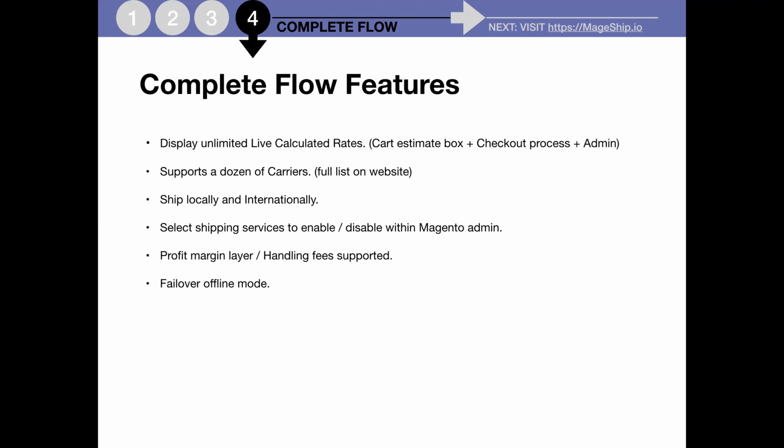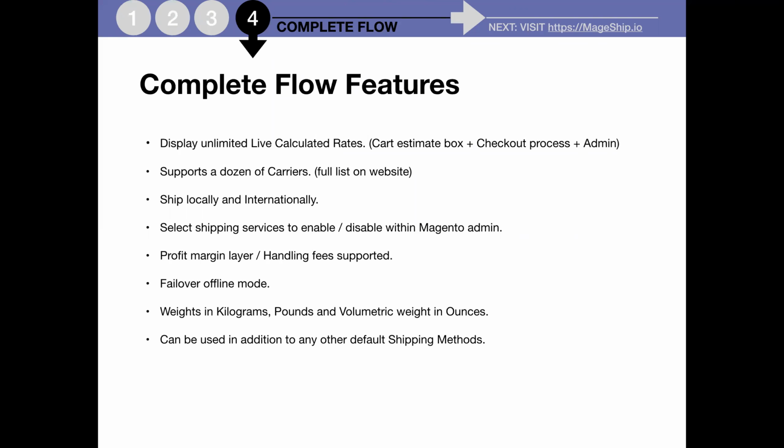We support weights in kilograms, pounds, and volumetric weights in ounces. And you can use Magento along with other shipping methods. So if you want to still use a flat rate option or table rate option, there's no problem.